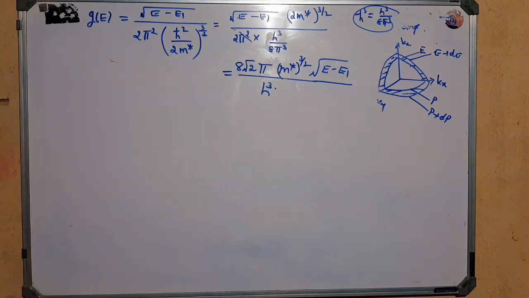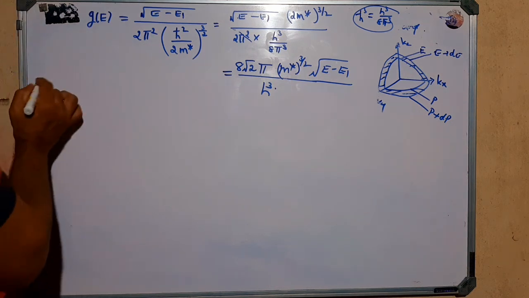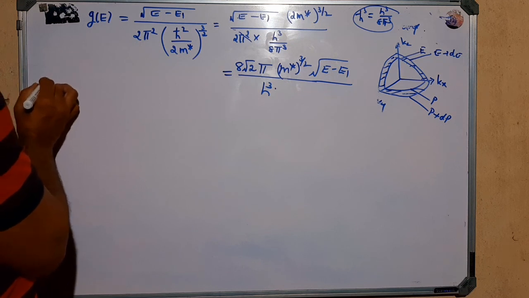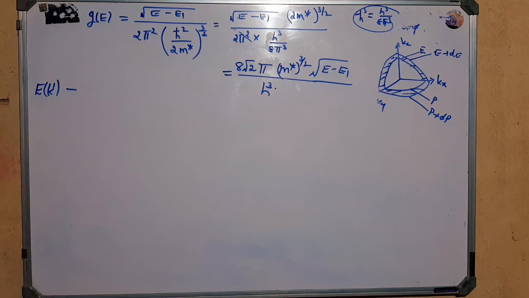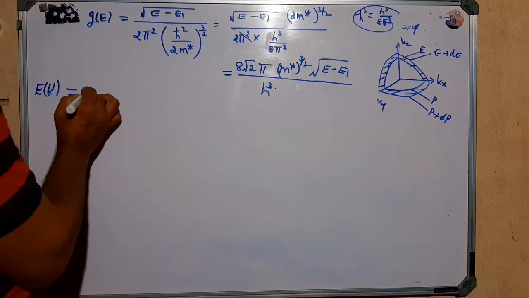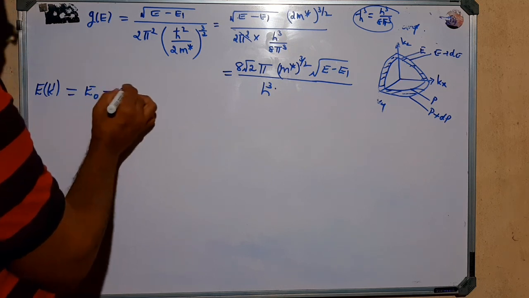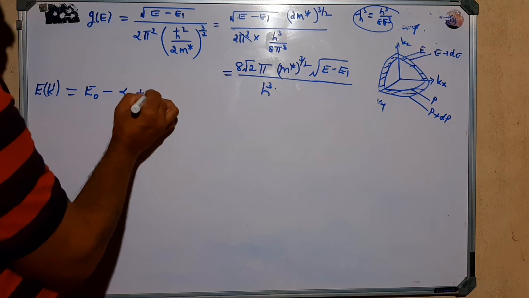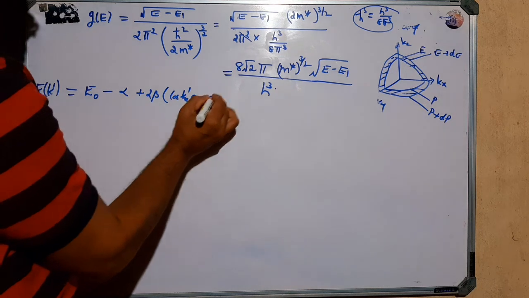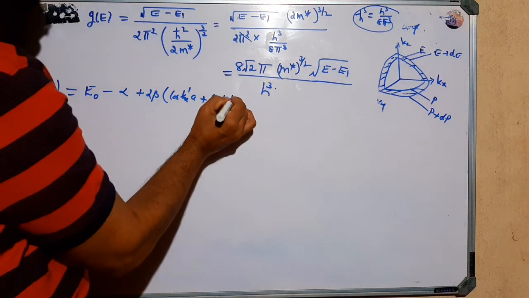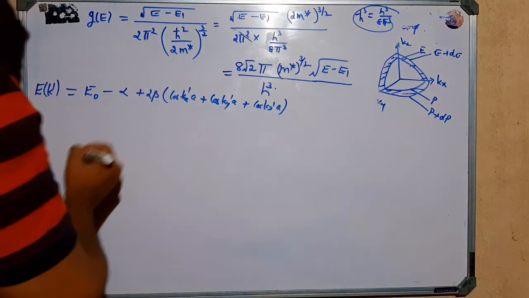Similarly, now let us consider the top of the energy band. I am writing that as E of k dash, just to differentiate. The expression, which we have not reduced, just to remember, is E naught minus alpha plus 2 beta into cos kx dash a plus cos ky dash a plus cos kz dash a.